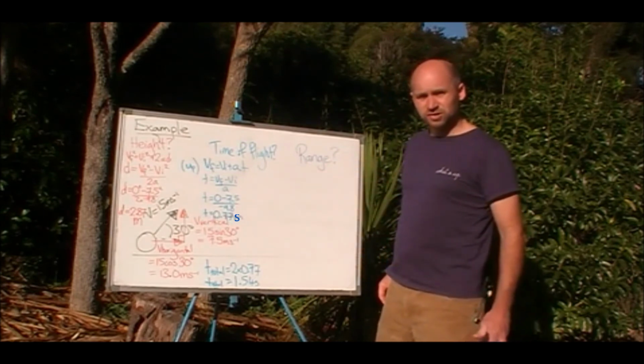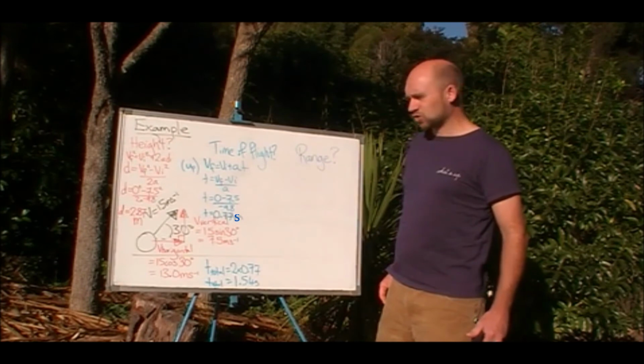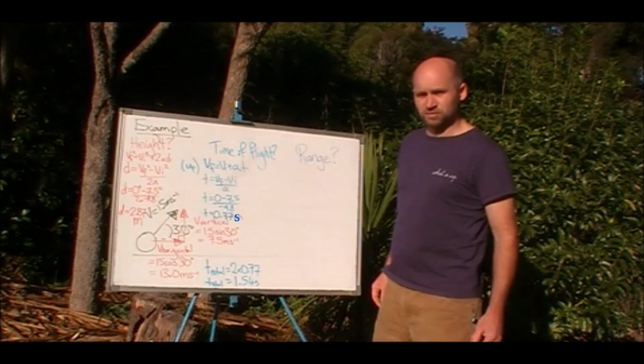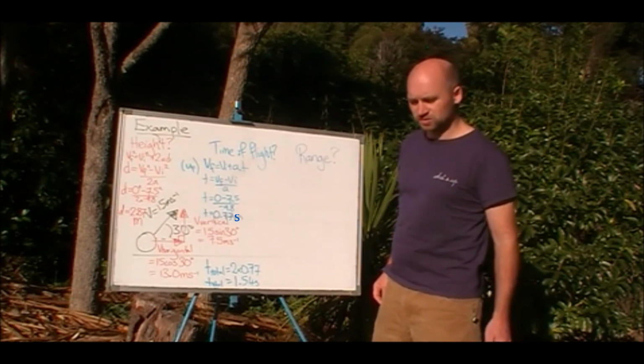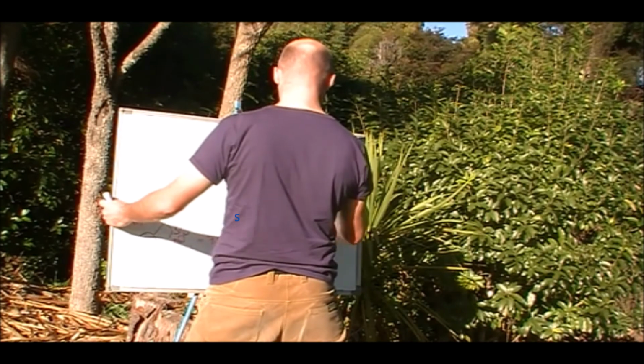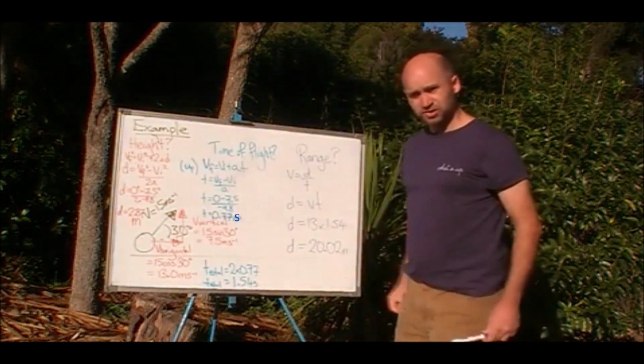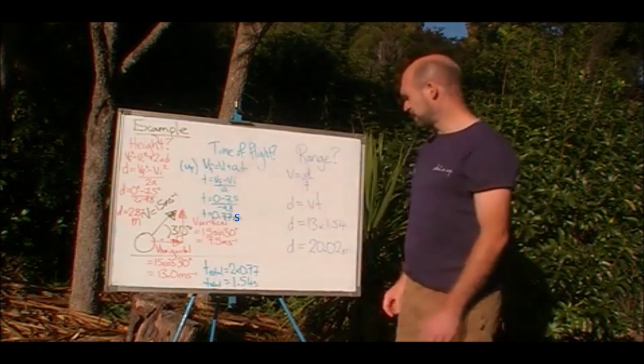That means the horizontal distance travelled, and the good news is that because there's no acceleration horizontally, we can use speed equals distance over time, the equation of the devil. Pause the video, make sure you can get the same range that I do. So you should have got 20.02 meters.